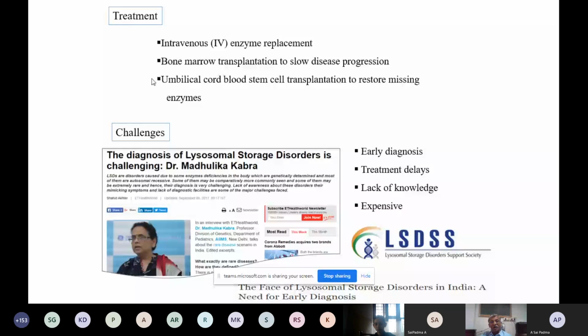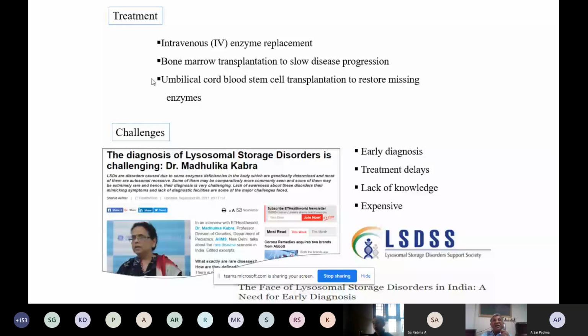So a medical doctor, a pediatrician, because these are the ones which have to be detected very early during the infant stage itself by various genetic mechanisms and by different tests. There's one doctor, Madhulika Kabra from the All India Institute of Medical Sciences, Delhi. She has recently initiated a program where she's screening in Delhi different populations to identify different types of lysosomal diseases.